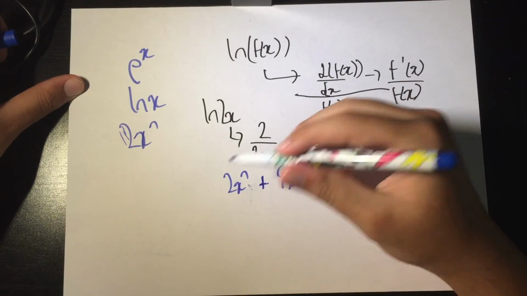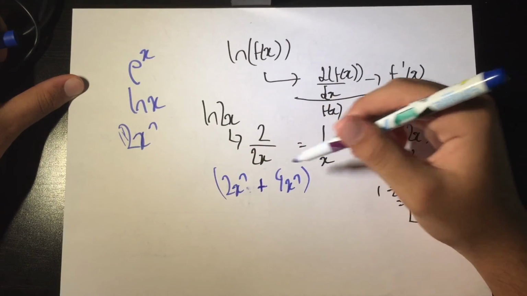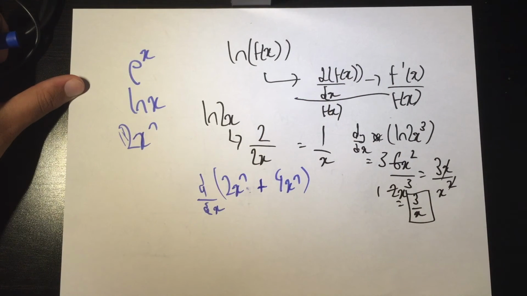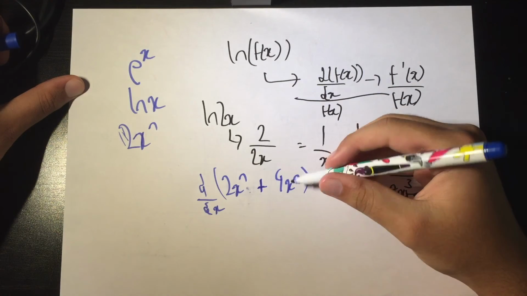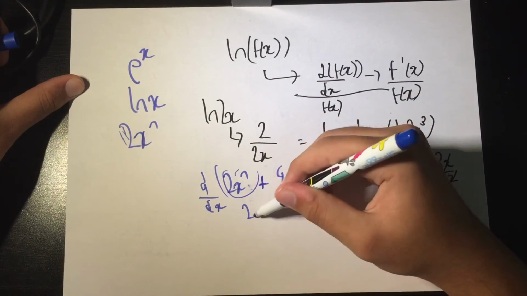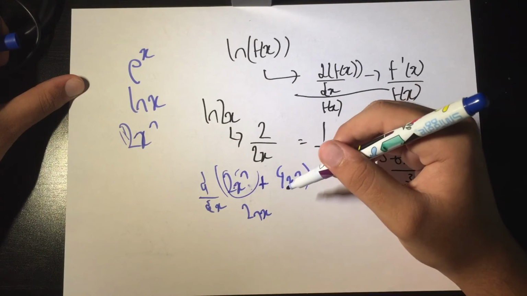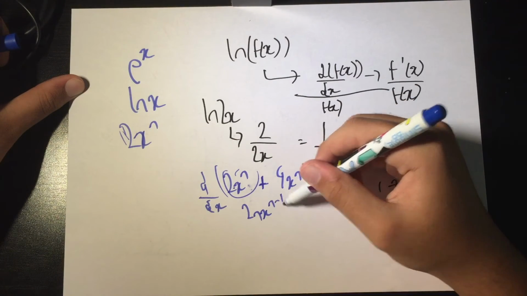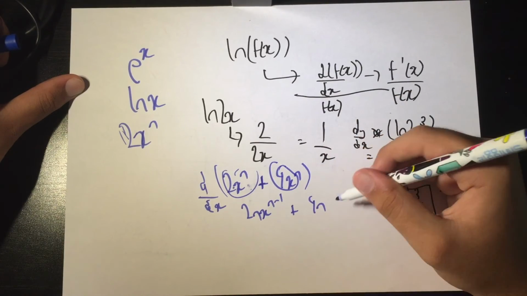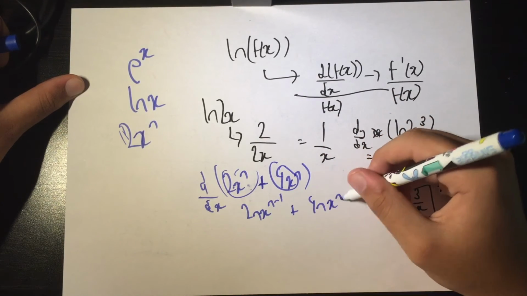So if we're adding two functions, and we differentiate this whole function, then that's easy too, because we just differentiate the first term, which should give us 2n times x to the power of n minus 1, and we differentiate the second term, which is 4n times x to the power of n minus 1.